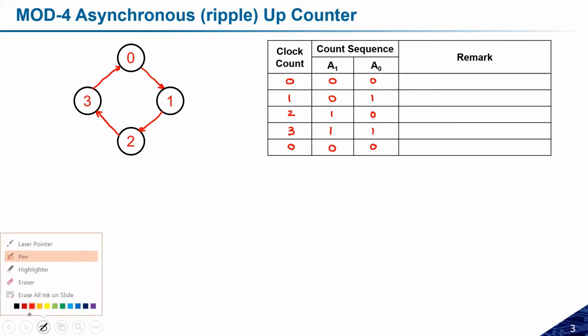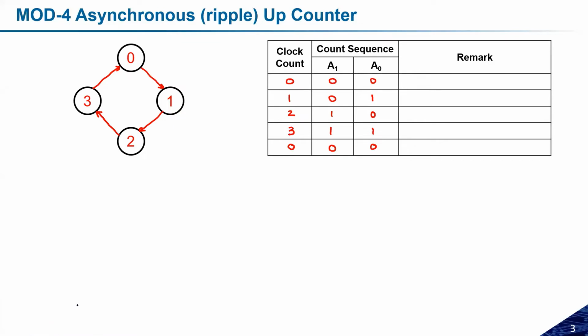If you see the sequences here, in the first step there is no change in A1. A1 should be as it is. But A0 is changing from 0 to 1. So this is the first thing that is happening. 0 to 1, and then 1 to 0, and 0 to 1, and 1 to 0. So A0 is changing every time.